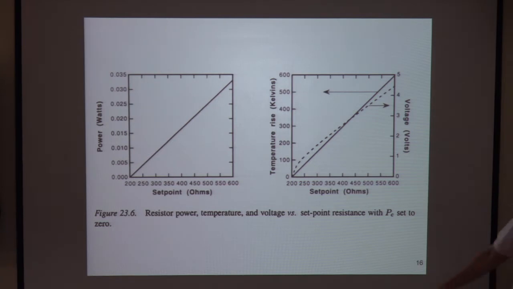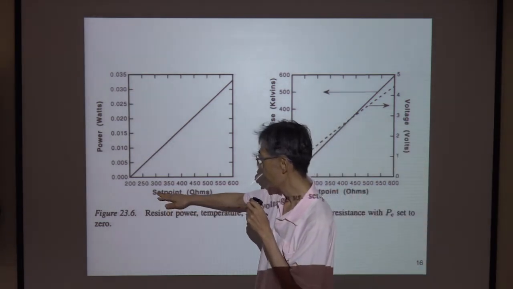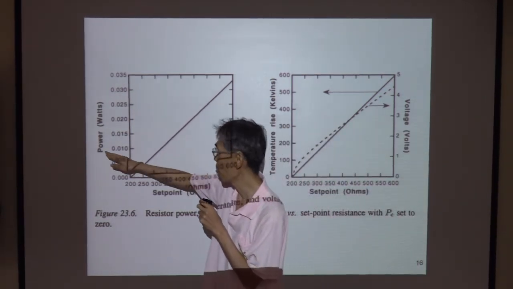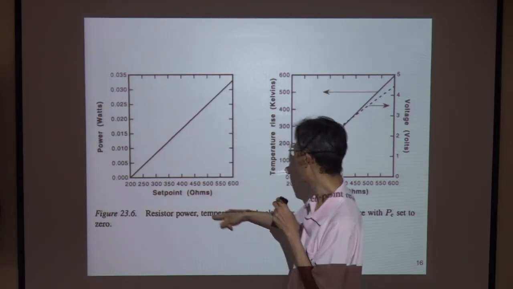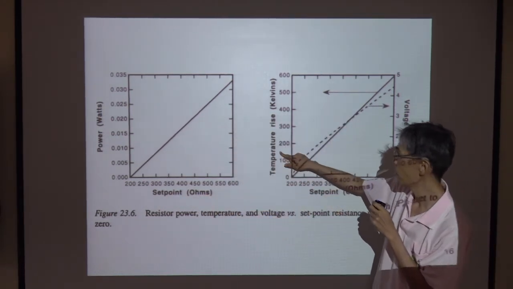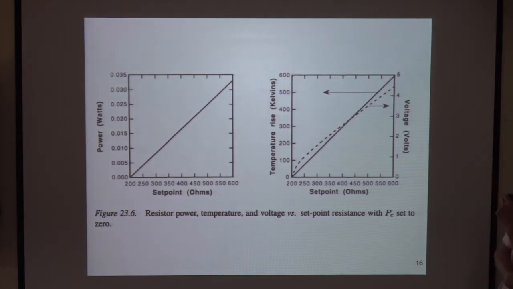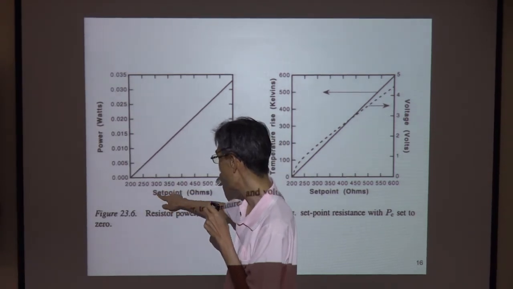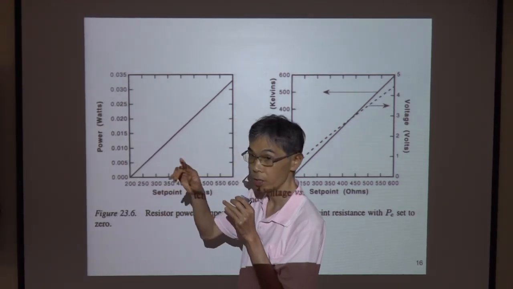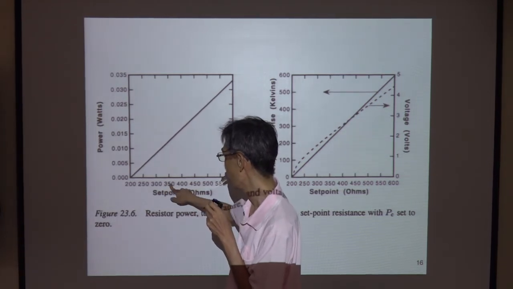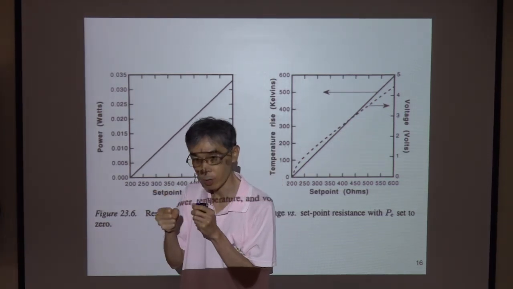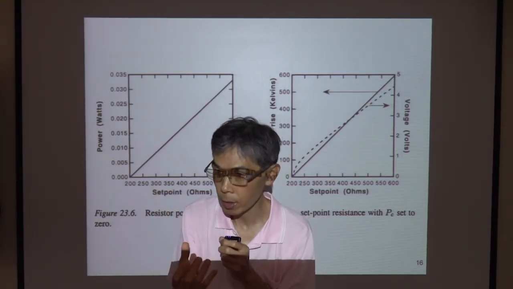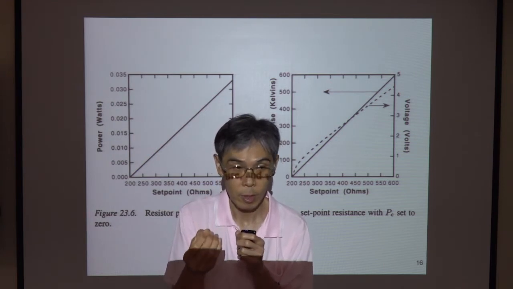So now, for PC equal to 0, we can create a figure of the power at set point versus temperature rise. If you set the T to be 350 ohm, then you need to have voltage, power input to your system to increase the temperature of your resistance, to increase the resistance.